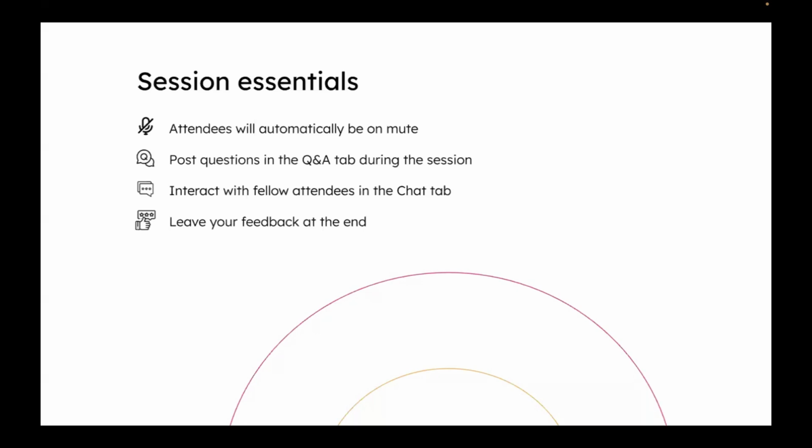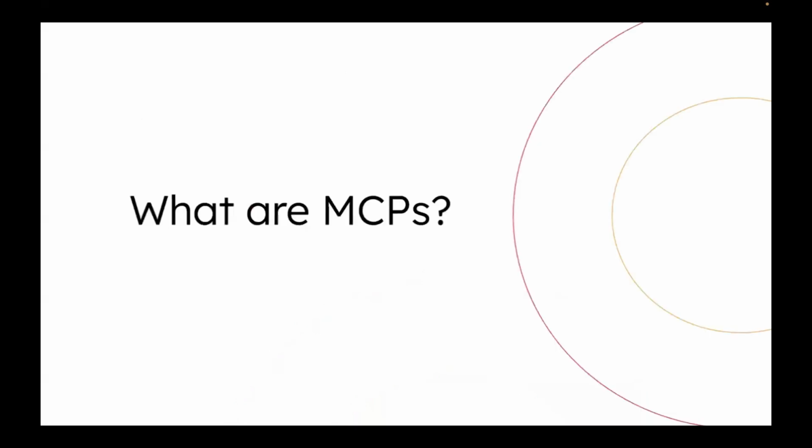So that said, let's start with the big question. What exactly are MCPs? To answer that, let's rewind a little. Large language models like ChatGPT, Claude, or Gemini have been around only for a few years, but they've already transformed how we get things done.